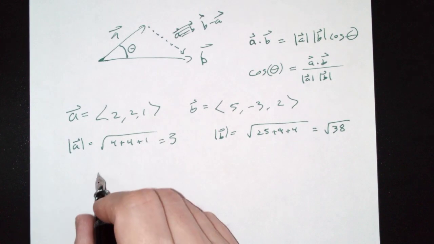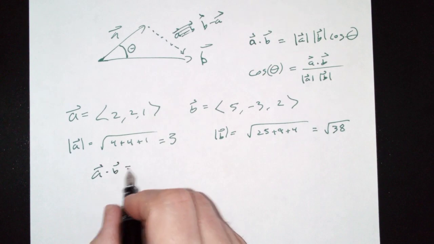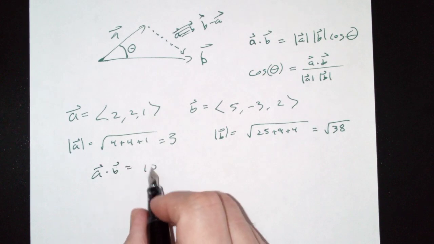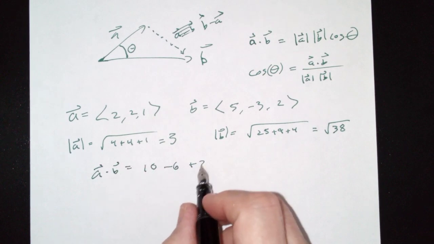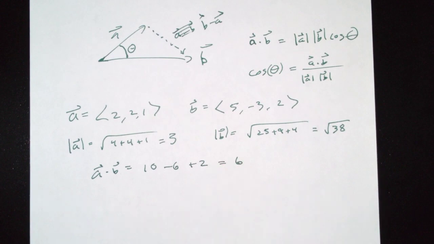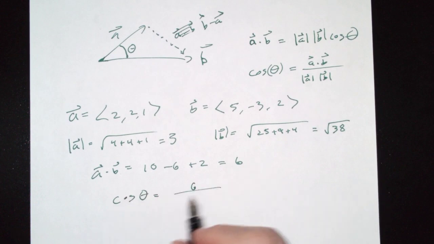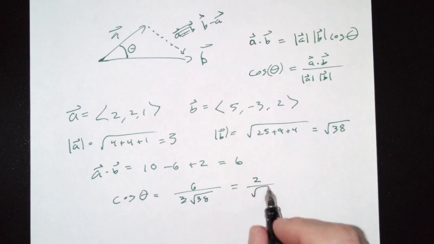Dot product. A dot B is 10 minus 6 plus 2 is 6. So cosine of theta is 6 over 3 root 38, or cancel and write 2 over root 38.